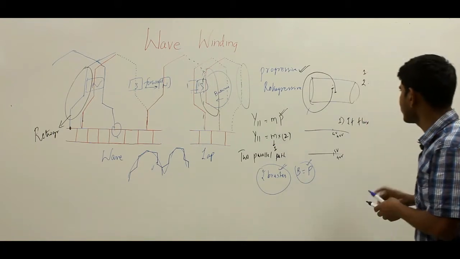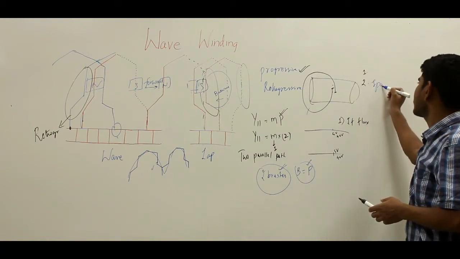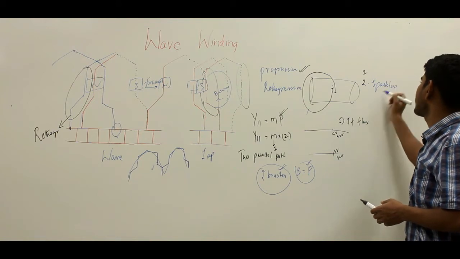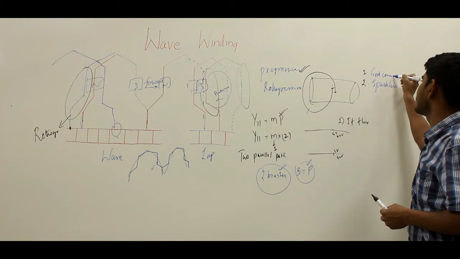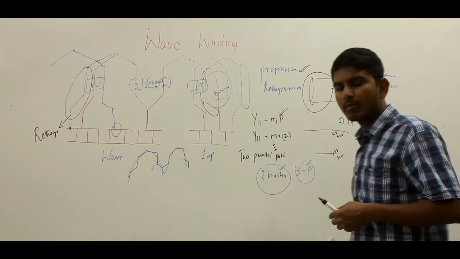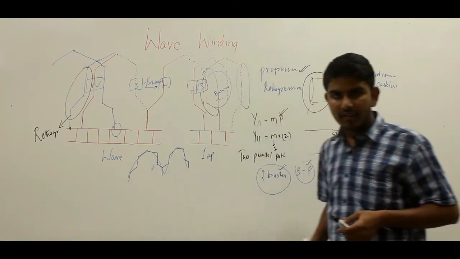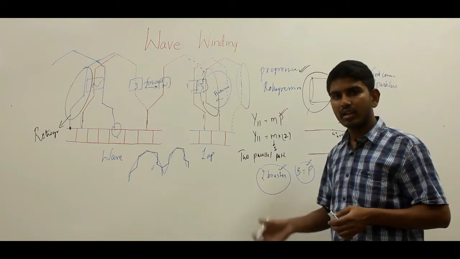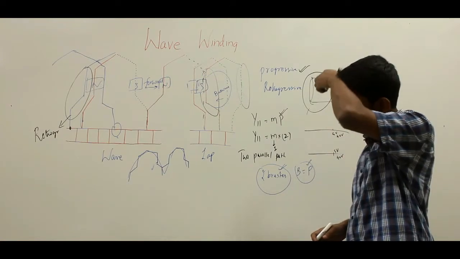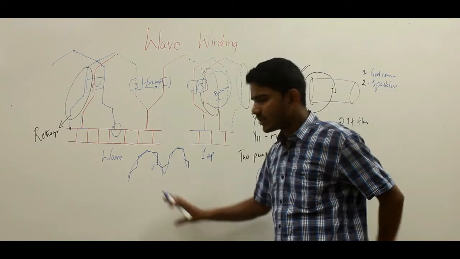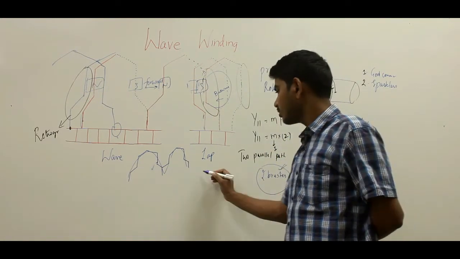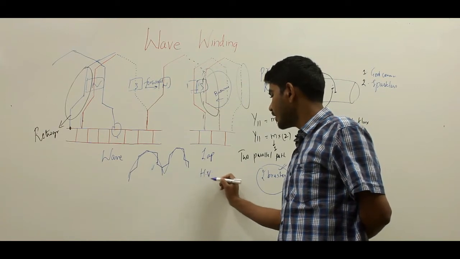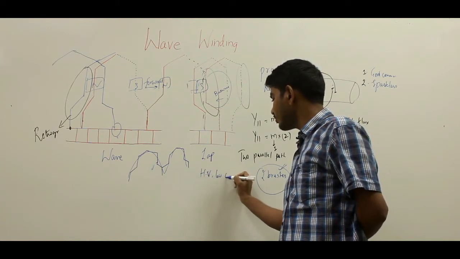That is the other advantage, providing sparkless commutation, and at the brushes we have good commutation. So these are the two advantages of these two parallel paths having conductors uniformly distributed around the armature core. Now, as we have only two parallel paths, this machine is suitable for high voltage and low current machines.